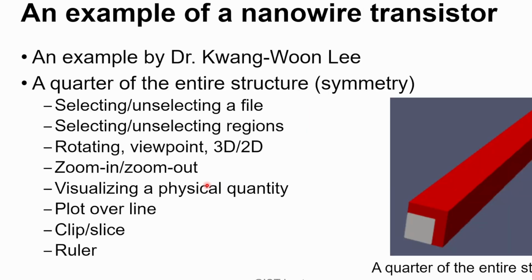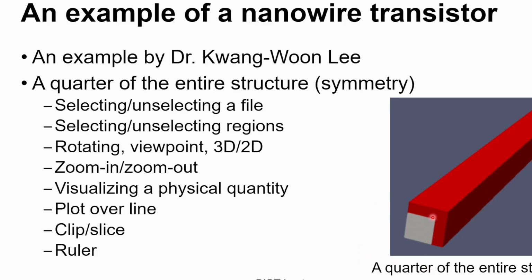So now let's start an example of a nanowire transistor. This example is prepared by Dr. Kwang Lee during his PhD study. As you can see here, it is a quarter of the entire structure. Here, the gray region corresponds to the silicon.